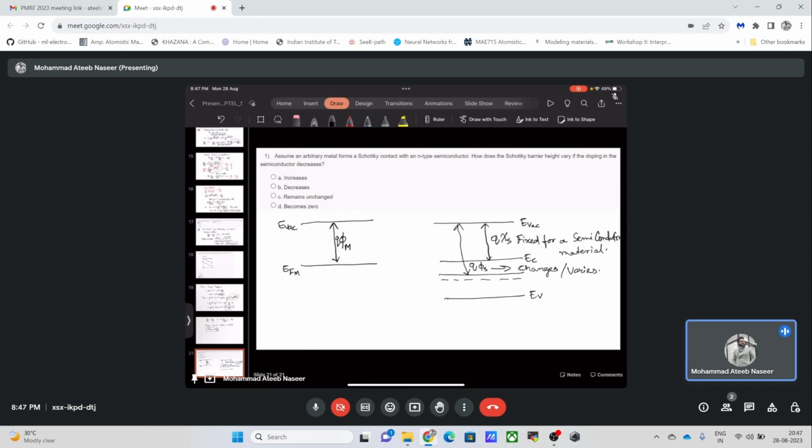So considering that fact, we join the two Fermi levels, we do the charge transfer, and we see how the region at the interface has depleted on the semiconductor side, or whether it has resulted in the accumulation of, for example, the electrons on the n side of the semiconductor.